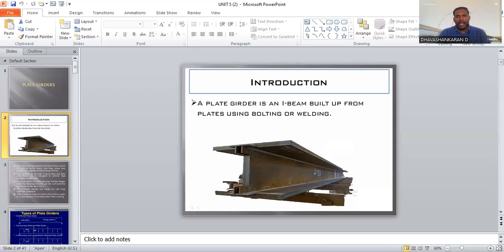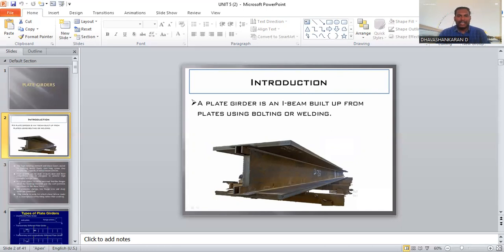So based on the weight acting on the structure, we have to design the steel structure and decide what type of steel section to use. Numerous steel sections are given in the steel book, like ISMB, ISLB, ISHB. We have to refer to that, choose the section suitable for high strength-to-weight ratio, and go for the design.